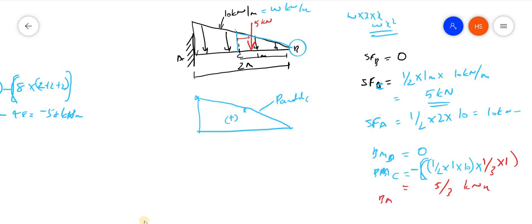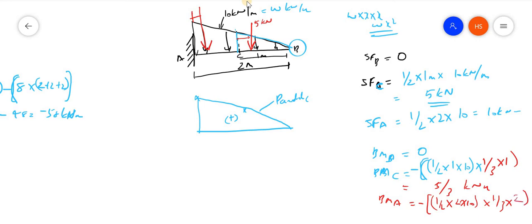Now the bending moment at A will be minus of half into 2 into 10 into 1/3 of 2. This is the total load acting here when considering the total section, and that distance will be 1/3 of 2.